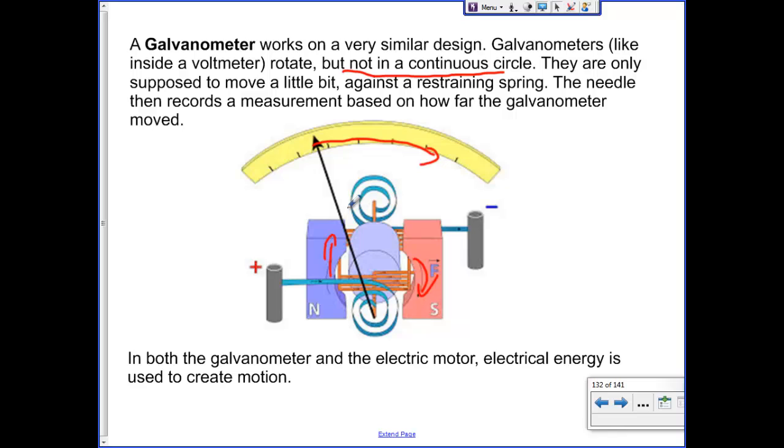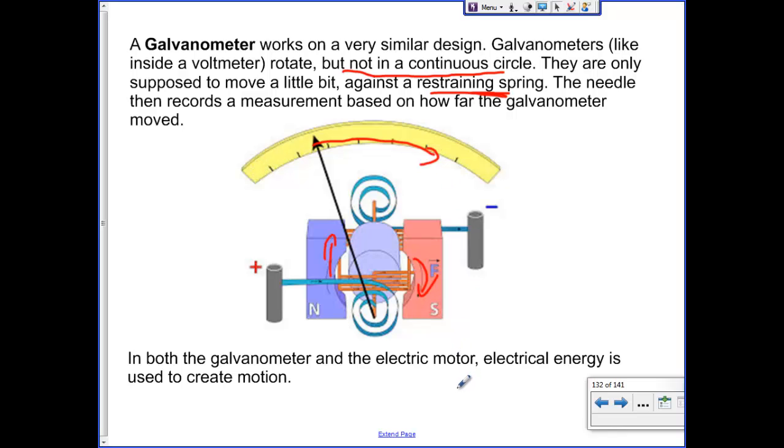We just want the needle to go a certain direction. And so what we do is we attach it to a spring, because the spring will try to keep the needle from going all the way there. You're trying to force it up. Does that make sense? Based on how far it manages to move depends on how far your meter shows, along the edges here.